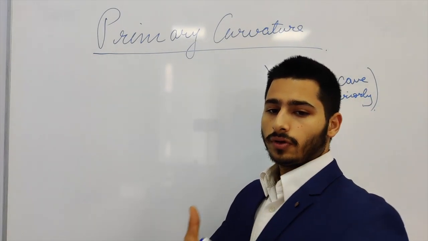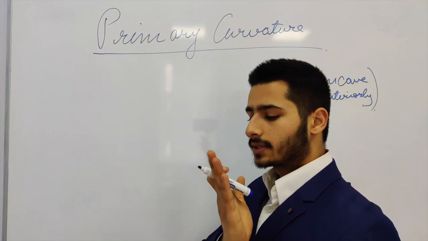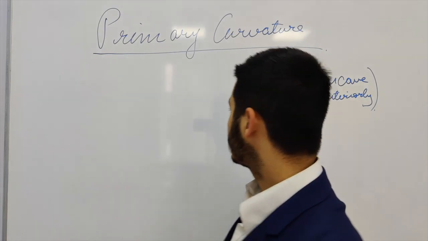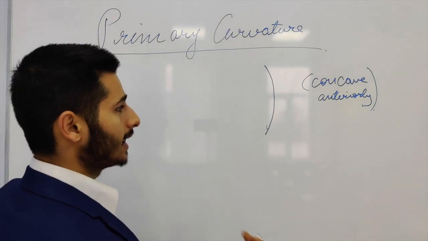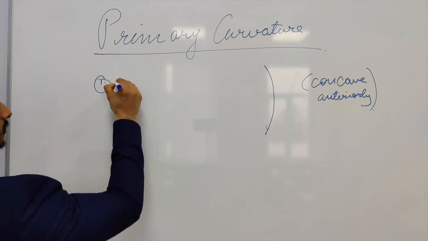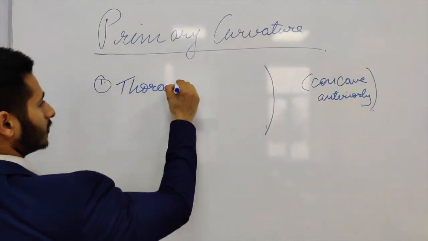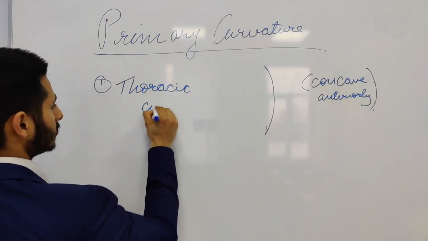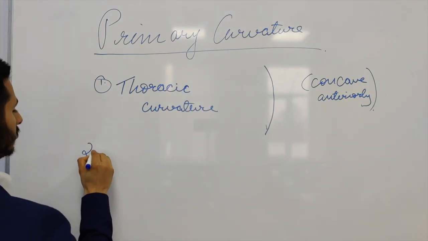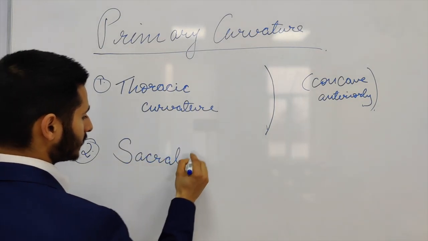When you view the body from the lateral side, you will see that the vertebral column has a concave shape anteriorly. And what are the regions that have this shape in the body? They are the thoracic region, so we have thoracic curvature, and we have sacral curvature.